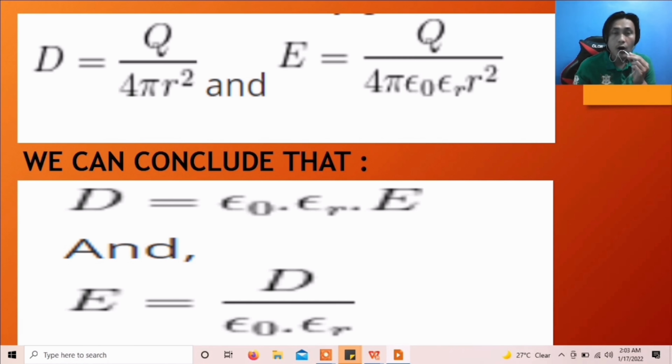From all the equations we can conclude that D is equal to epsilon naught multiplied by epsilon r multiplied by E, and E is equal to D over epsilon naught multiplied by epsilon r.